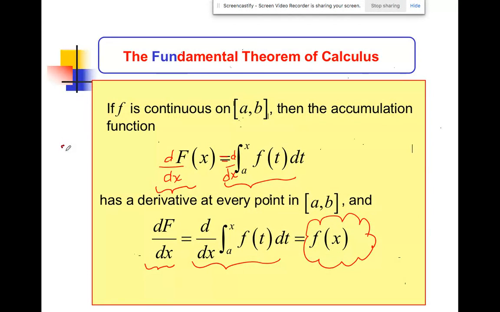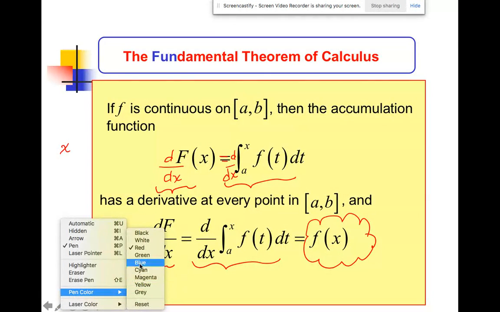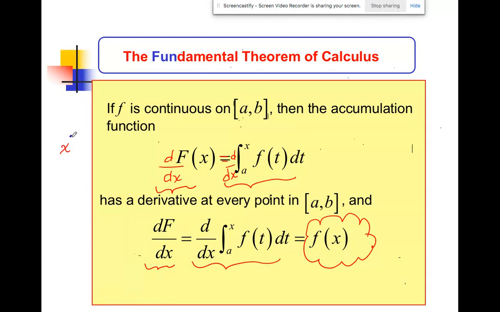I want to remind you that if you take x and you cube it, but then you cube root it, what do you get back? Just x. I took little f and I anti-differentiated it.